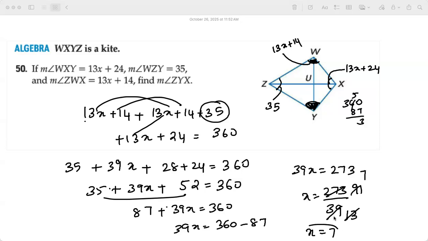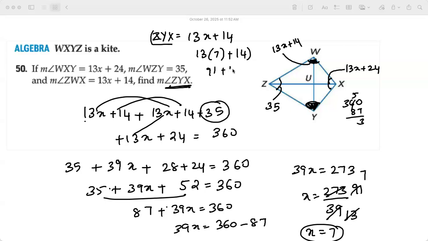X will be equal to 7. Now we have to find ZYX, that is 13x plus 14, which will be 13 times 7 plus 14. 91 plus 14 is 105. Any questions?